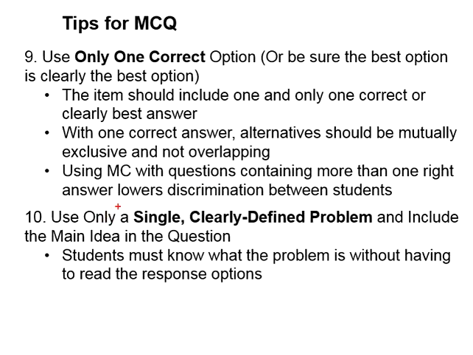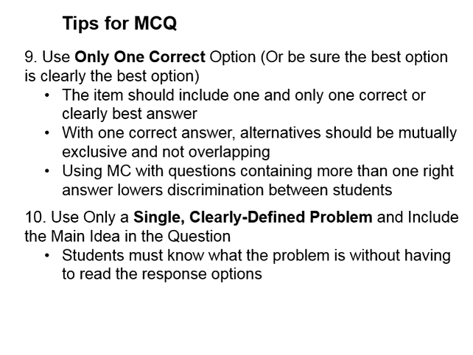Next, use only a single, clearly defined problem and include the main idea in the question. What does it mean? We want the students to really know the problem, even without reading through the response options. The message needs to be effectively delivered to the students before they test for the correct options.